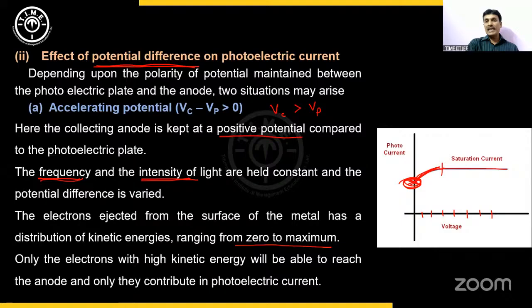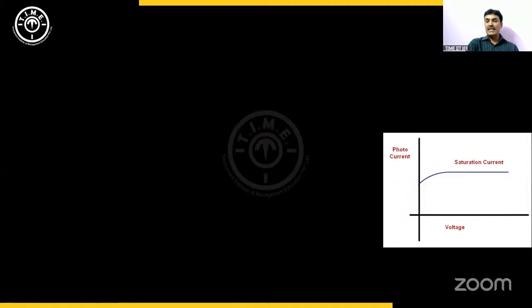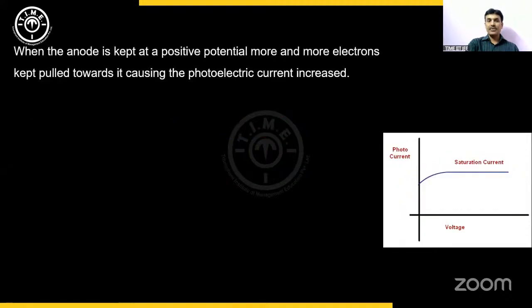When all the electrons are collected by the anode, even the electrons with zero kinetic energy, there is no further scope for the increase in current. The same current will be maintained. That's what is the saturation current.